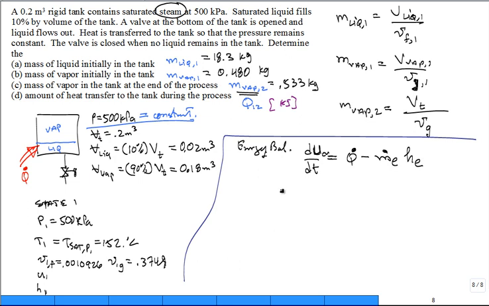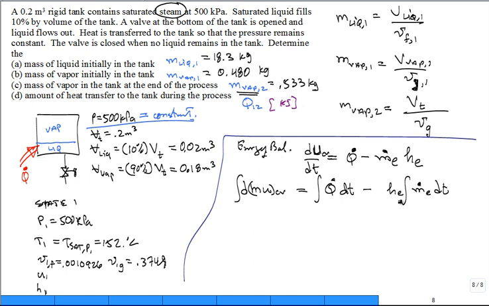You separate, and so you'll get that the change in the mass internal energy in the control volume is equal to the Q dot dt minus HE m dot exit dt. Integrate. That HE that leaves has to be a constant, otherwise these are very difficult problems. The enthalpy leaving is always H of F. It's always saturated liquid at 500 kPa running out the bottom of the tank.